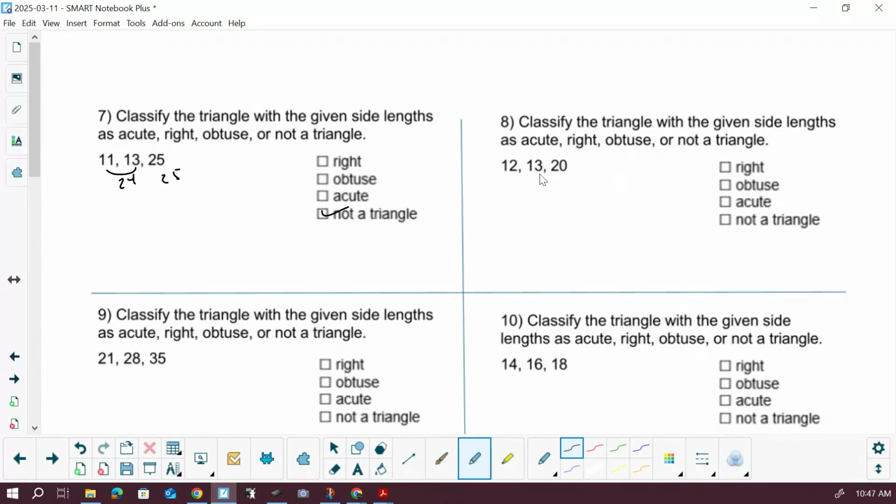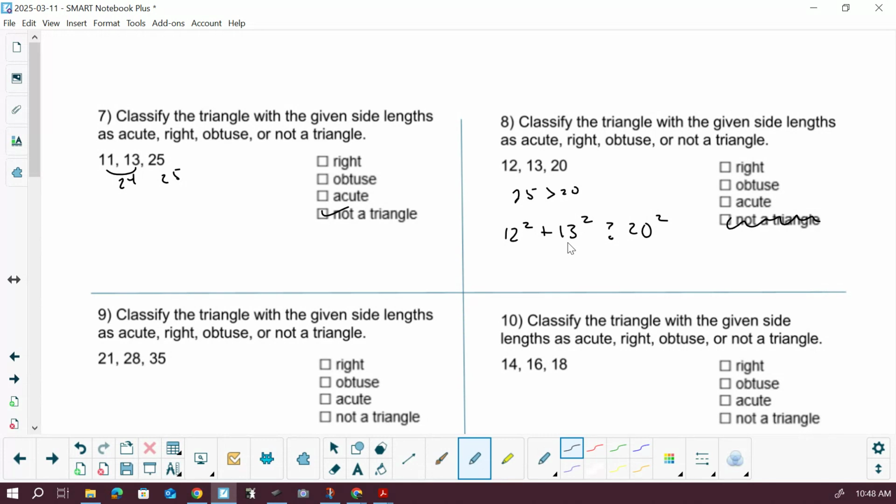Okay. Next one, let's see here. 12 plus 13 is 25. That is bigger than 20, so it is a triangle. Now we got to figure out if it's right, obtuse, or acute. So we'll take the two smaller ones, 12 squared, 13 squared, and we're going to see how it relates to the 20 squared. 12 squared plus 13 squared. 12 squared is 144. 13 squared is 169.